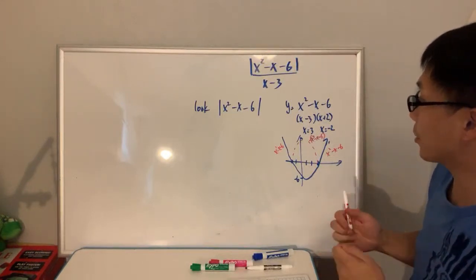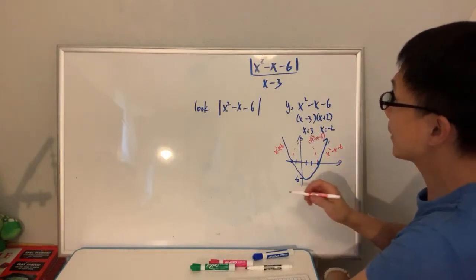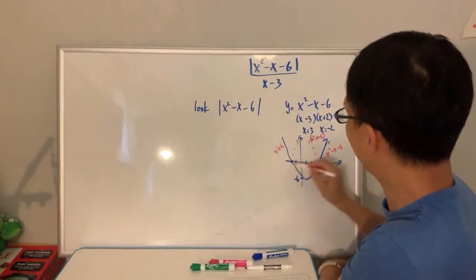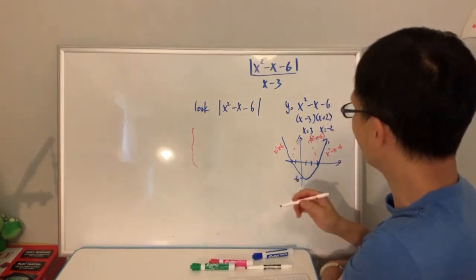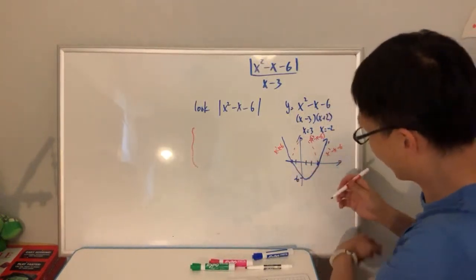So I know my piecewise function is going to be something like this. My piecewise function is going to have three pieces. I'm going to do it in blue, which is the original function.